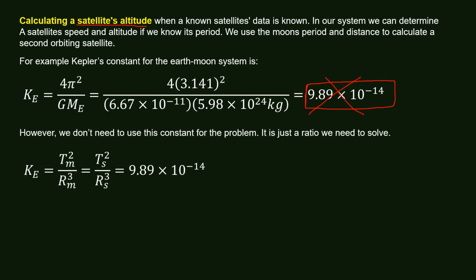There is a relationship, and it is a ratio, that this K of E is equal to the moon and a satellite. Of course, we have period squared over distance cubed. It's equal to the same thing. So we eliminate this process, at least for calculating satellites' altitude.